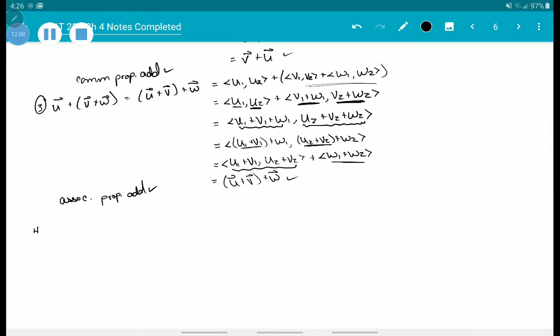And then we're going to look at 4. 4 is all about a zero vector. Do we have a vector so that if we were to add it to our U, we're going to get back U? Is there something that we could put in that blank? That's how we need to think about this.